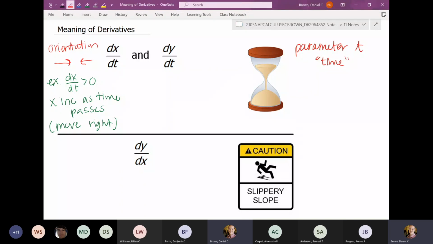dy/dt is also going to be what we use to talk about the orientation of the graph, but instead of left and right, dy/dt is going to describe an up and down motion. For example, if I tell you that dy/dt is greater than 0, that tells you that the y coordinate is increasing as time passes.